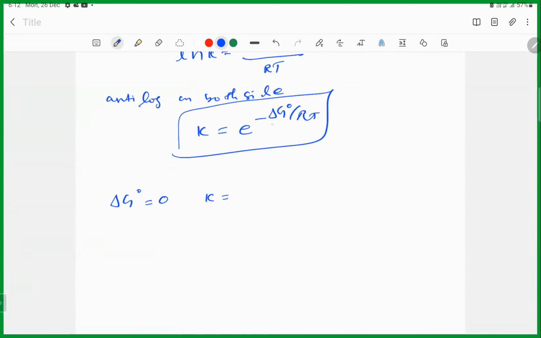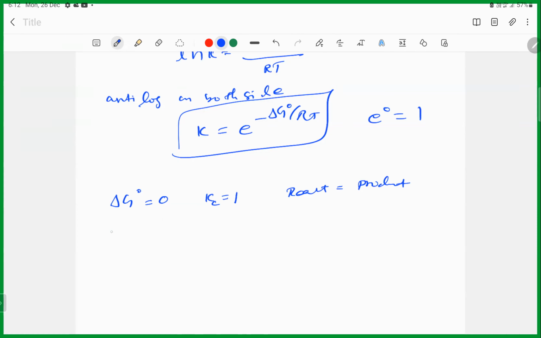K ஓட வேல்யூ என்ன இருக்கும்? Sir, 0. E power 0 ன்னா value is 1 இல்லையா? அப்ப K value 1. Okay வா? Okay. So the Kc is 1, then the concentration of reactant equal to concentration of product.